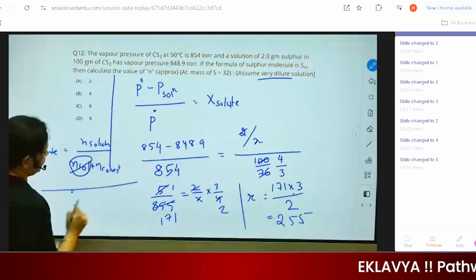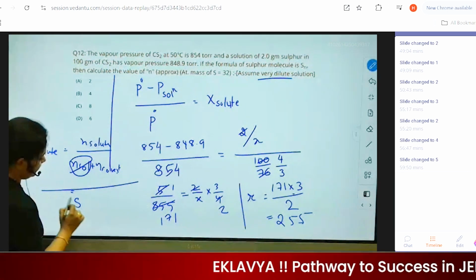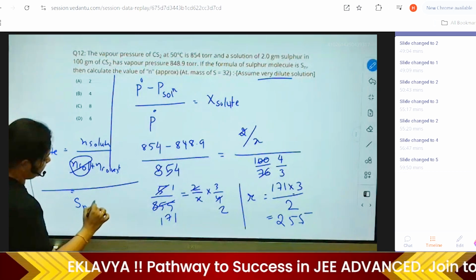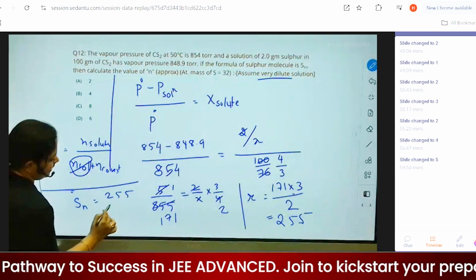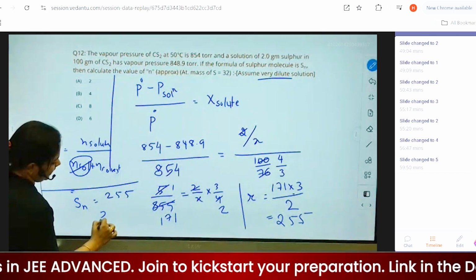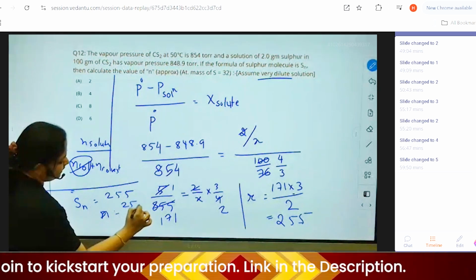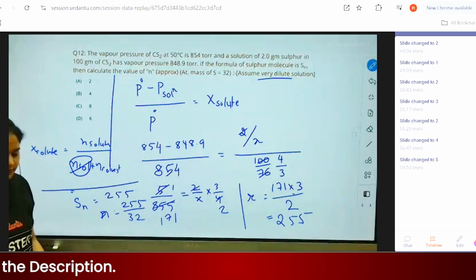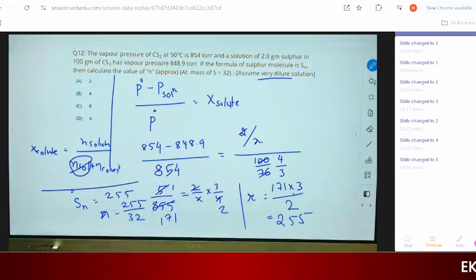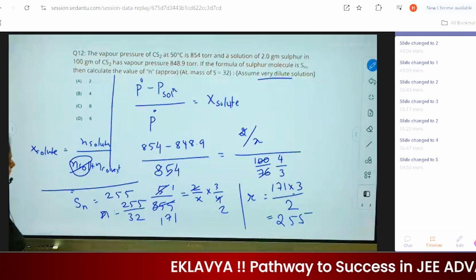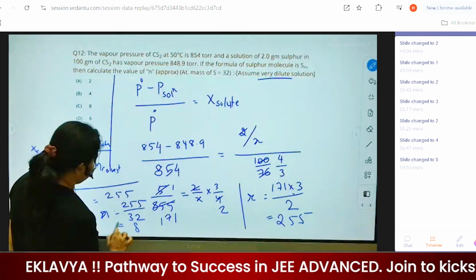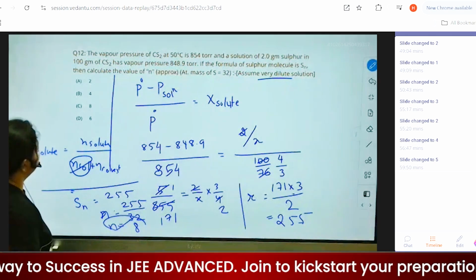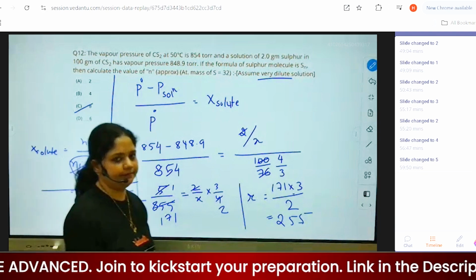If we have to calculate the number of atoms, total molar mass of Sn is 255. For n, 255 divided by 32, which comes out to be around 7.9, which is equal to 8. So here the answer is 8.